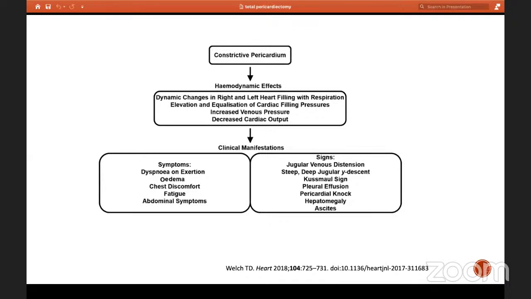Patients will have symptoms of dyspnea on exertion, edema, chest discomfort, fatigue, and in severe cases, ascites is present, so abdominal symptoms. The signs we look for are jugular venous distension, steep jugular Y descent on the venous tracing, Kussmaul sign, pleural effusion, and also hepatomegaly and ascites.